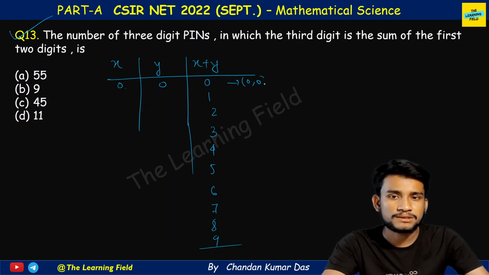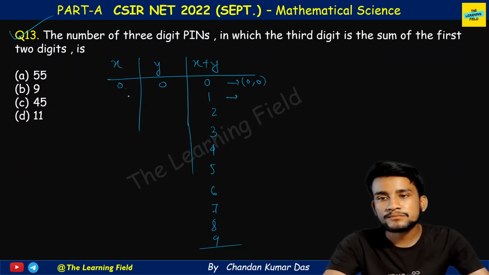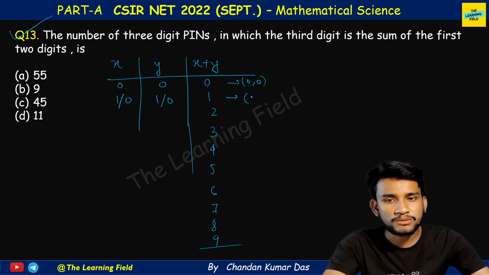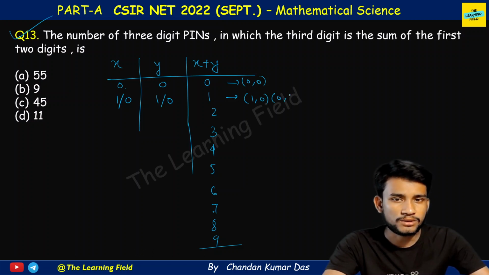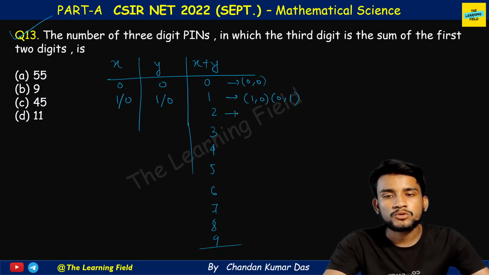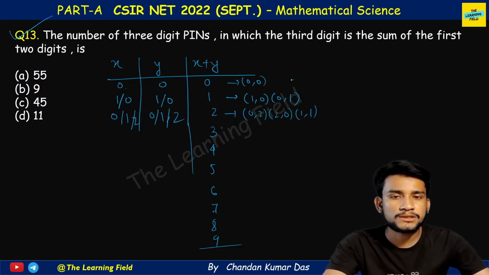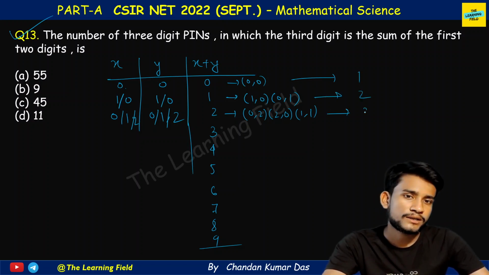So for 0, X can take 0, Y can take 0, so only one possibility, 0 0. Then for 1, X can take 1 or 0, Y can take 0 or 1. That means 2 possibilities, 1 0 and 0 1. Then for 2, we get 2 0, 0 2, 1 1, that is 3 possibilities.